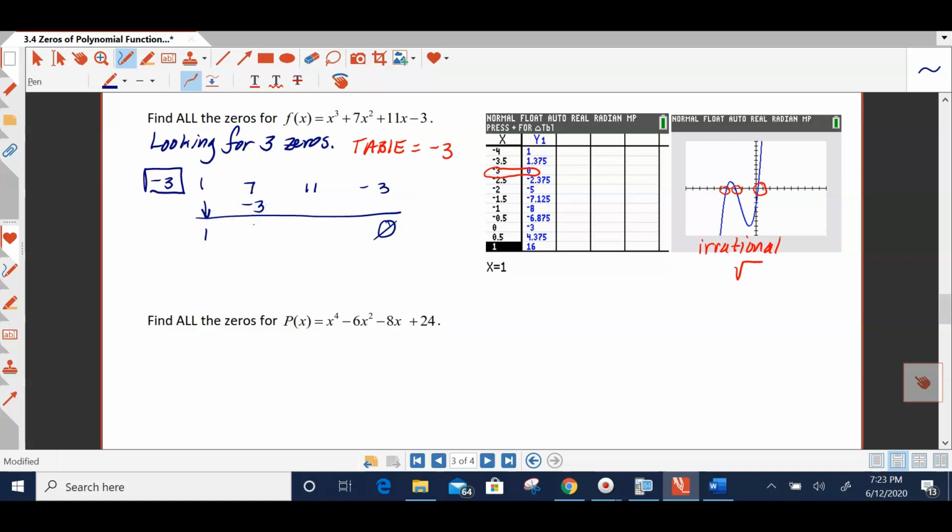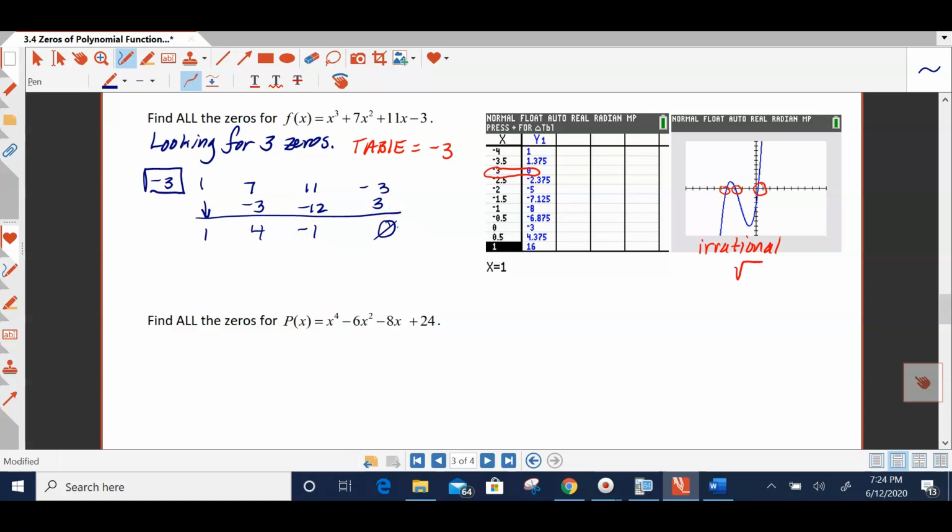And let's go through this procedure. All right, I lost a sign somewhere. Let me see. Drop down my 1, -3. -3, 7 plus a -3 is 4. -3 times 4 is -12, and that's a -1. That gives me a 3, and I have a remainder of 0.